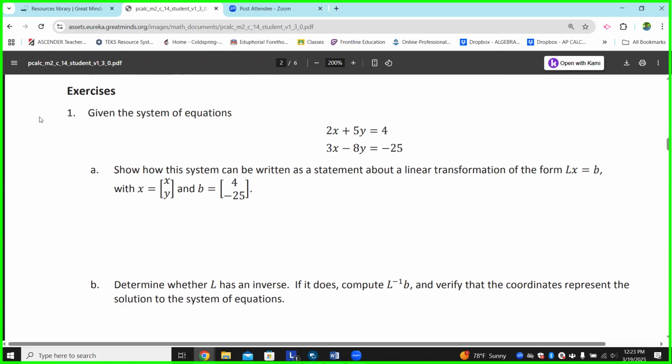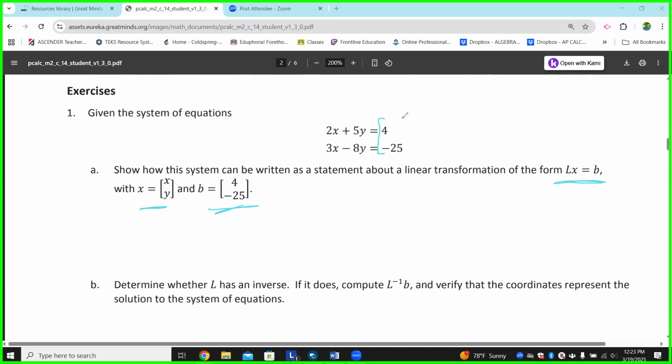So if I want to produce something, that's what we're just going to do here, is just produce. We're going to show how the system can be rewritten as a statement about a linear transformation of this guy here. It gave you a little bit of starter. Let X be that XY, that random point that you don't know, and let B be the answer.